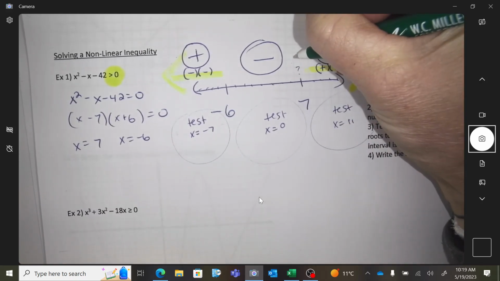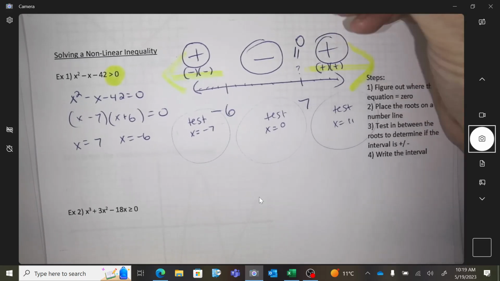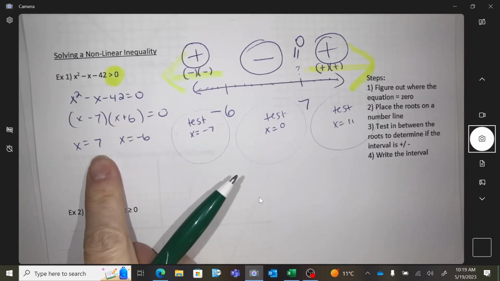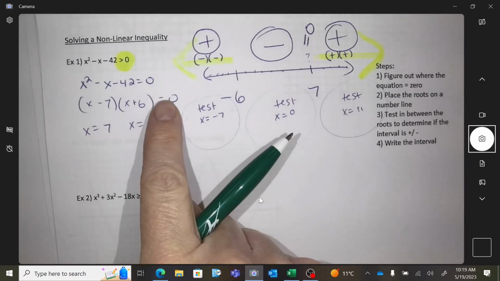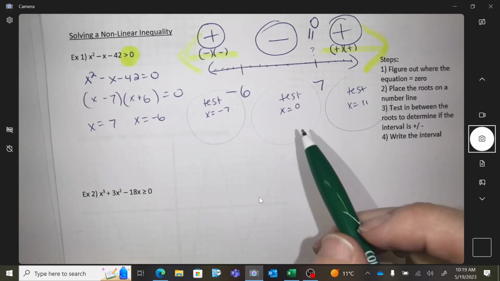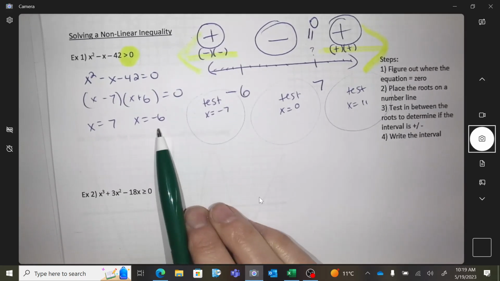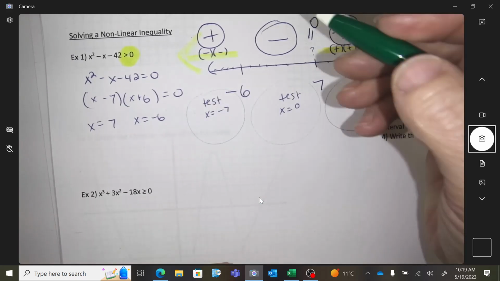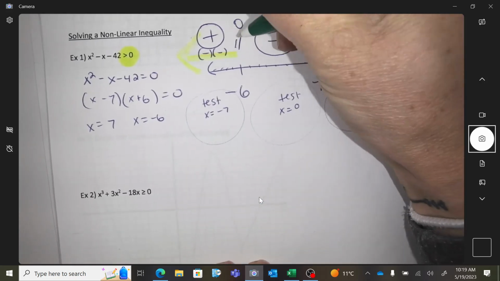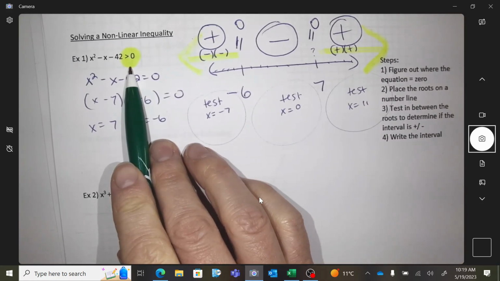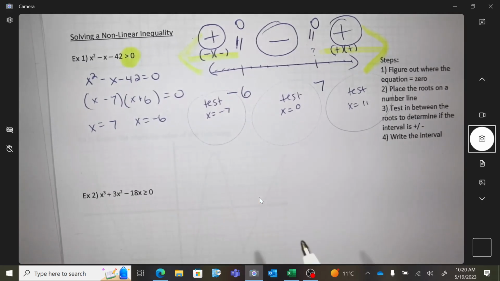Well, you are exactly equal to 0, right? Because look at what happened here. 7 causes it to be 0. What happens exactly at negative 6? Your equation would equal 0. Am I allowed to be exactly 0? No, I can't be.